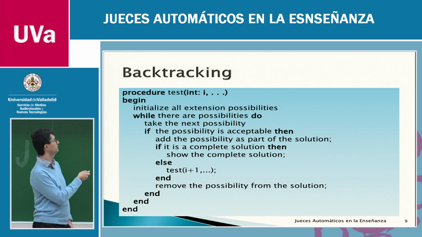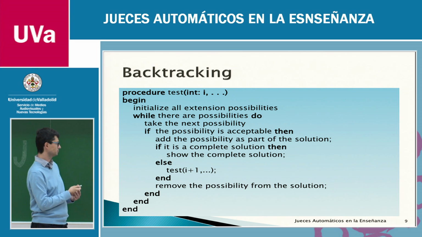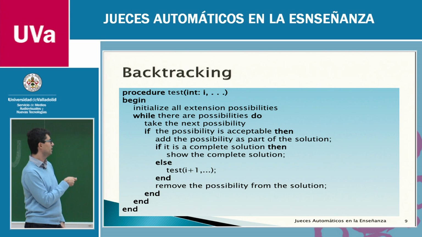So in each step you initialize all possible extensions, and while there are some extensions, you take the next possibility, and if it's acceptable, you add it to the end of the partial solution and check if you are at the end, or you have found a complete solution, you can show it, and otherwise you have to go to the next step in the partial solution.